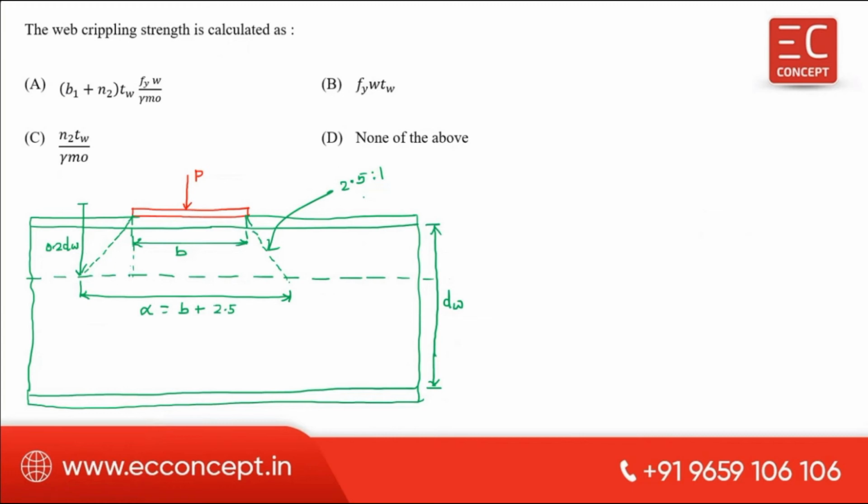This is depth wise, and in the thickness wise also we are having 2.5 as depth and 1 as thickness. Therefore this is T, 2.5 into T. So this side is 2.5 into thickness of the plate, and this is 2.5 into thickness of the plate. So generally we are having alpha is equal to B plus 2.5 T into 2. This is the total width of the plate. Okay, now what is a permissible stress?